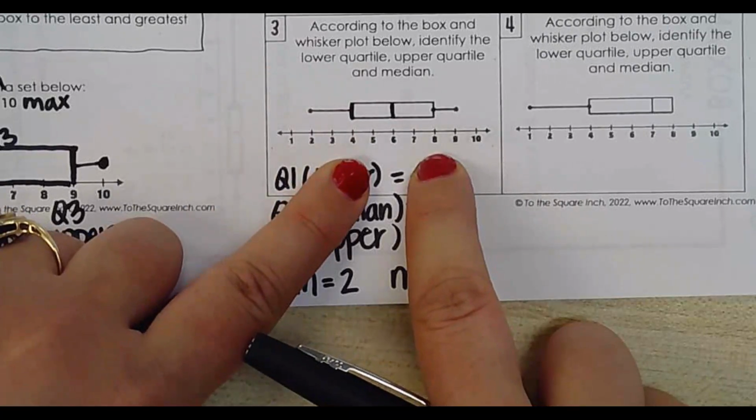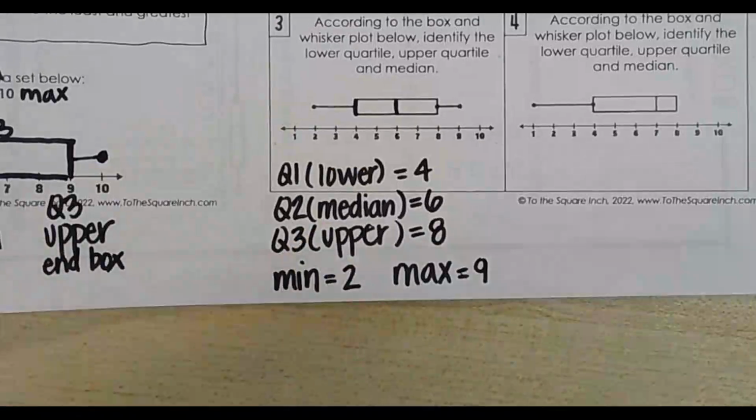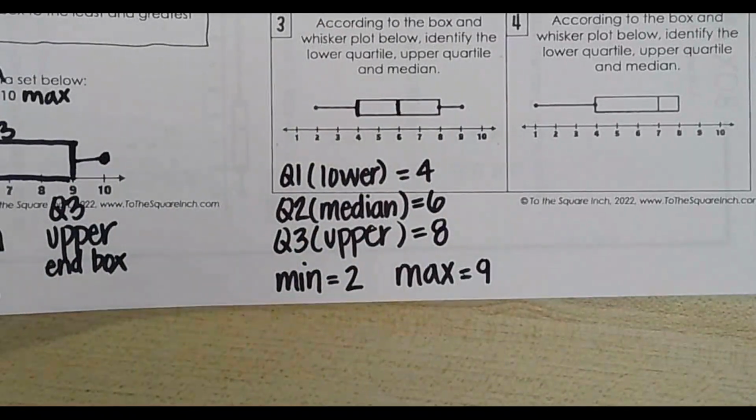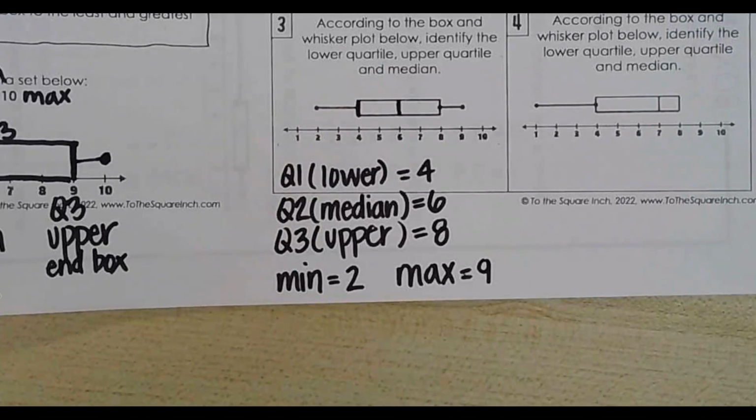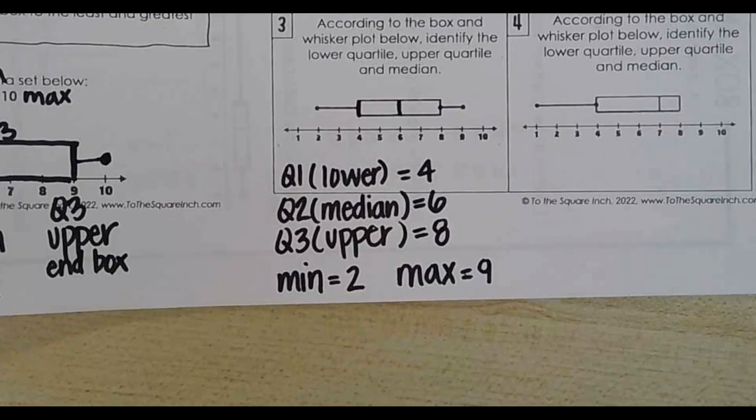Q1 is 4. 8 minus 4 is 4. Then you might be asked, what's your median? 6. And then they might ask, what's your range? Well, 9 minus 2 is 7. So did you have to work out anything there? No, it's just recognizing, do you know how to read this graph?